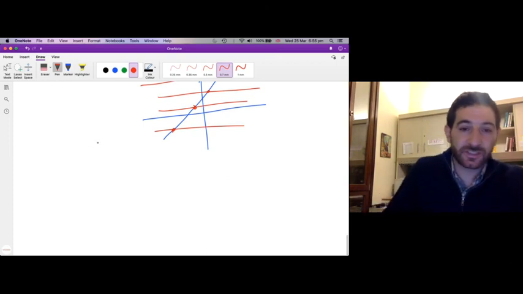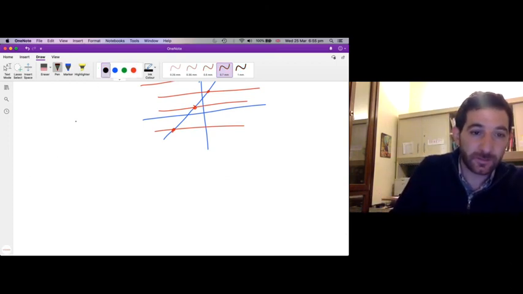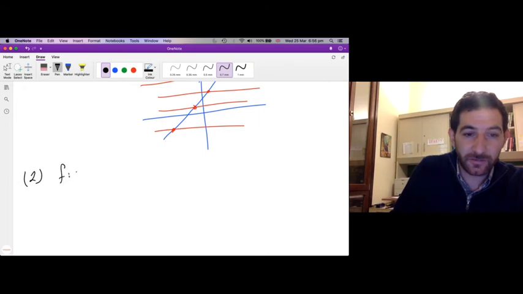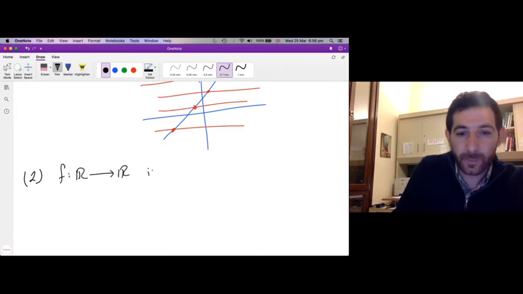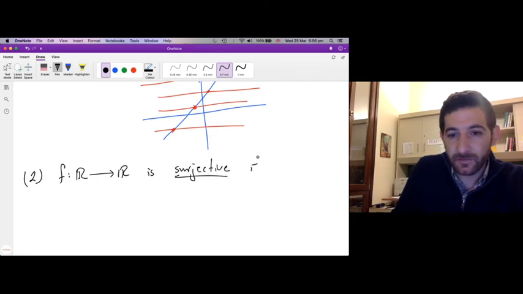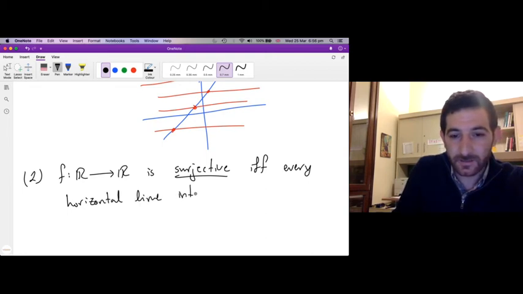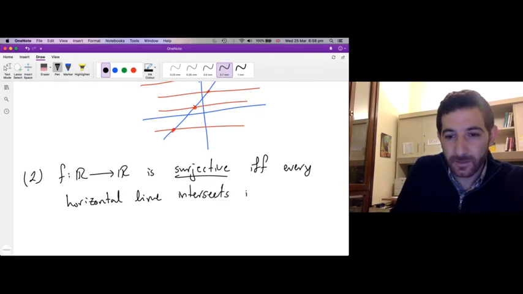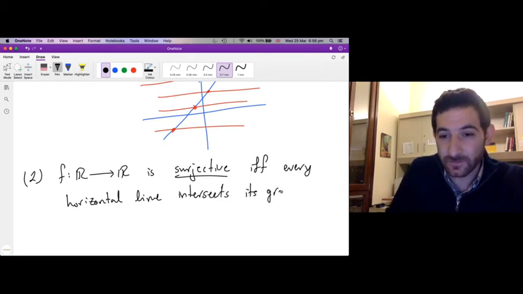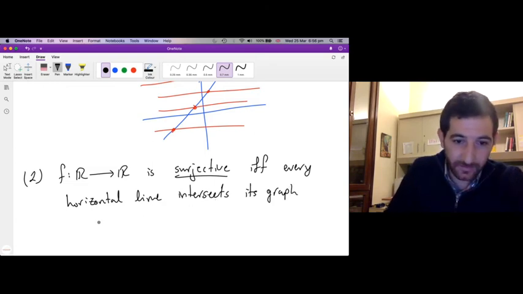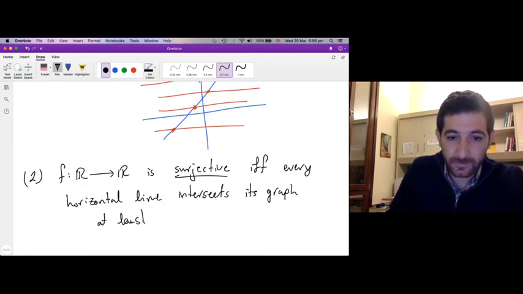Now let's move to surjectivity. This is the second point. So the function f defined from R to R is surjective if and only if every horizontal line intersects its graph at least once.